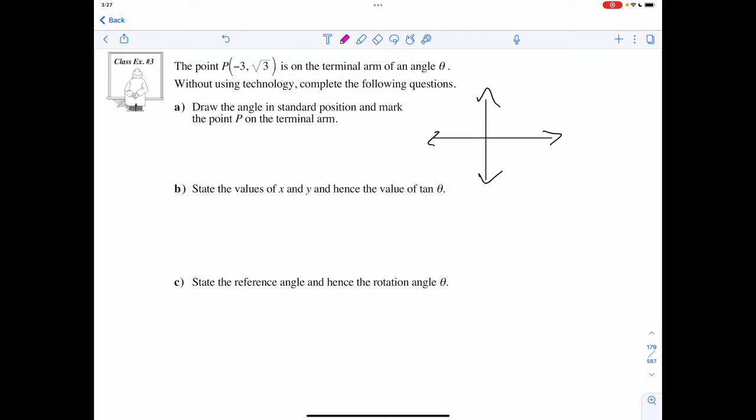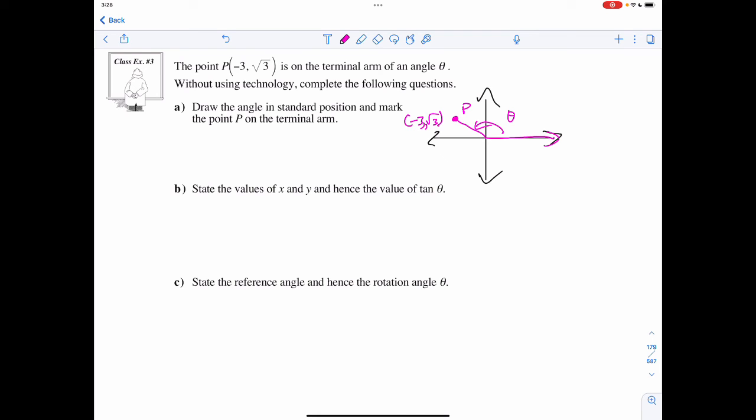So that's going to be somewhere in here. There's my rotation angle, represented by theta.